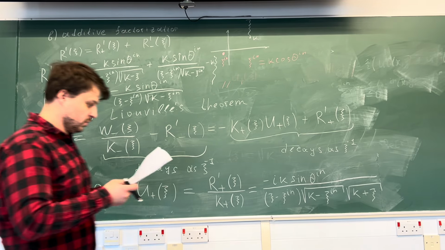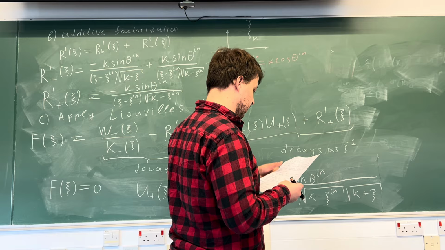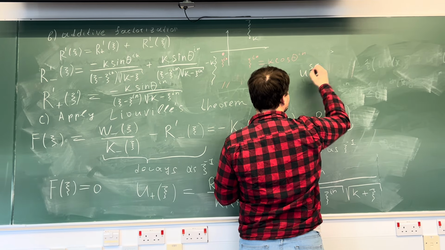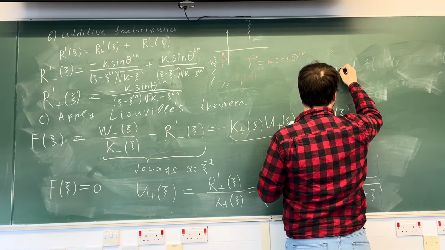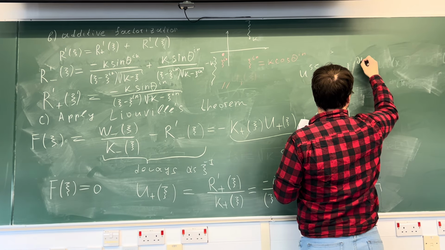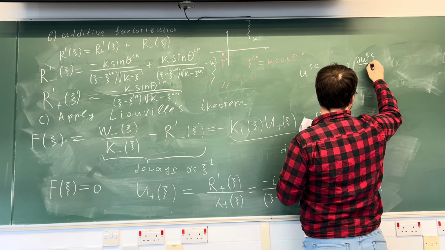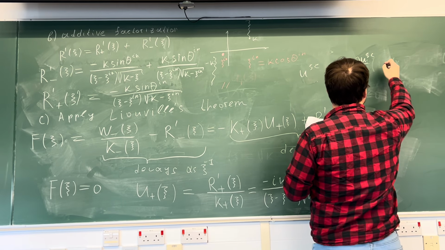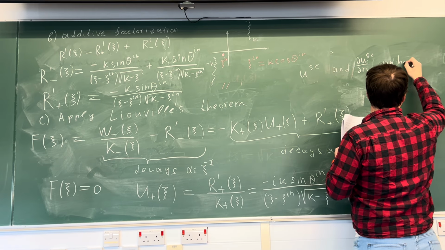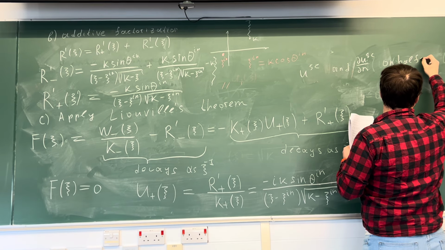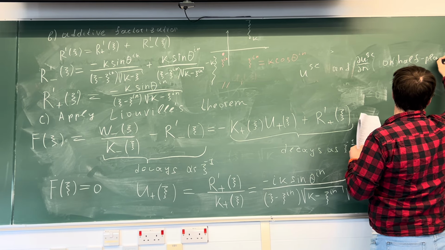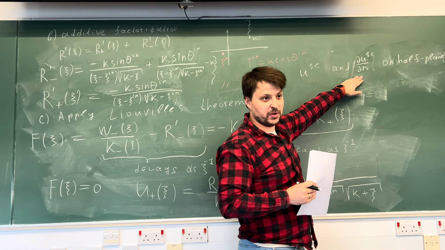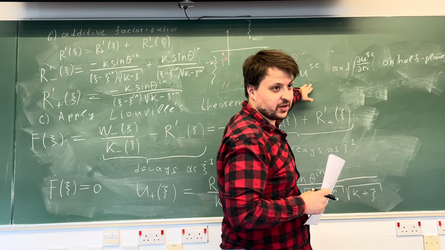So we know both u scattered and the normal derivative of u scattered on the half plane, where this thing we know from boundary conditions, and this thing we just computed.